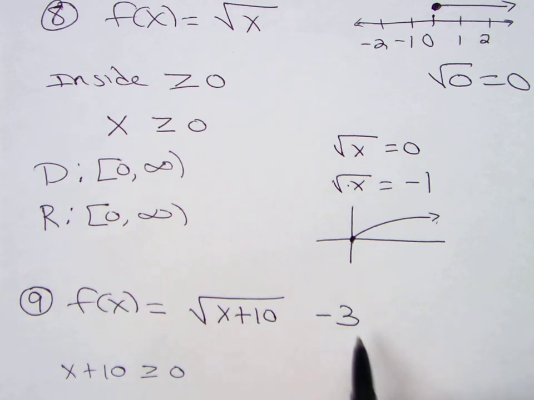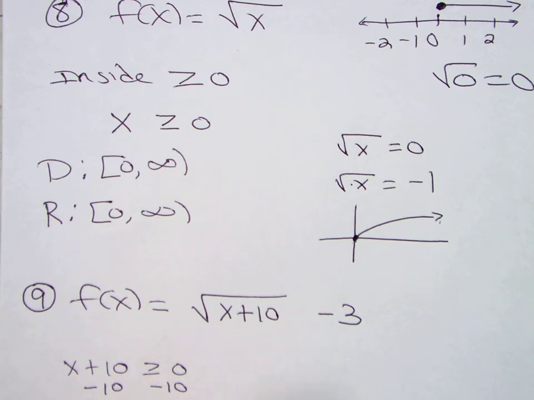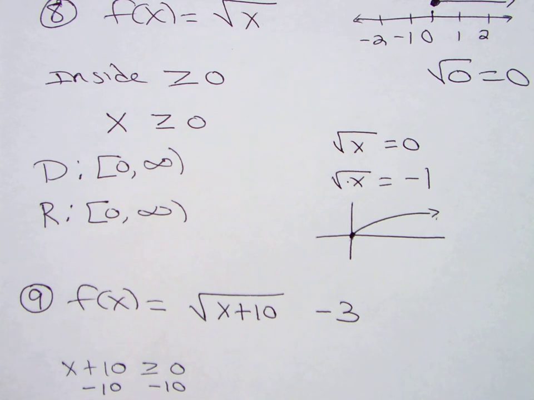You ignore the minus 3. The minus 3 has nothing to do with the domain. We don't care what's on the outside. It's only the inside that we have to worry about. So we subtract 10 on both sides. x is greater than or equal to negative 10. So what's the domain? Negative 10 to infinity.